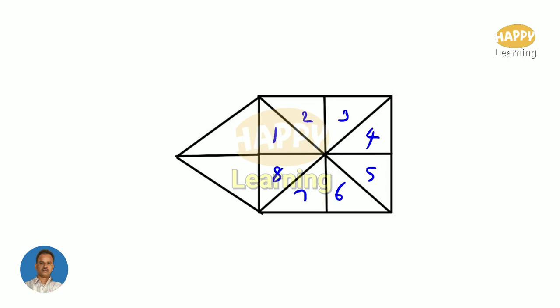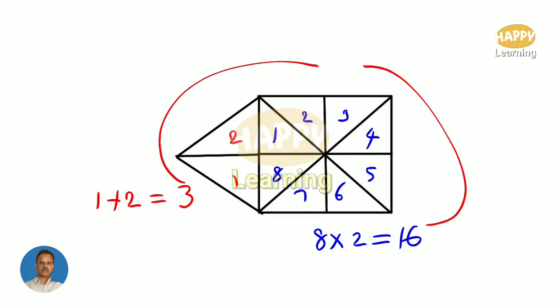So for this, 8 into 2 equal to 16, and here 1, 2. For this, what is the method we follow? 1 plus 2 equal to 3. Then this 3 plus this 16. So total here, 16 plus 3 equal to 19 triangles are there.